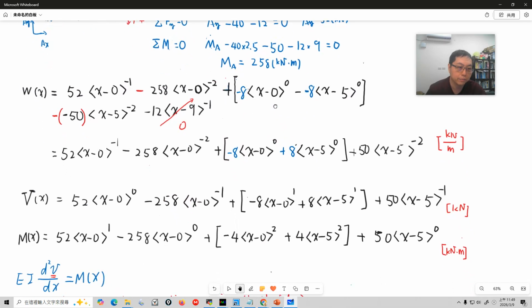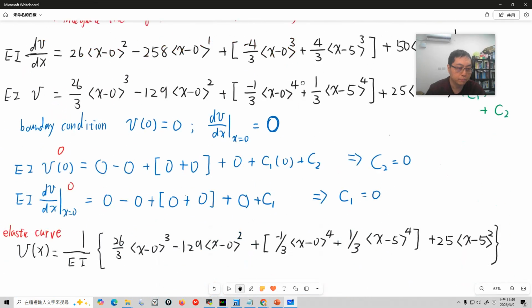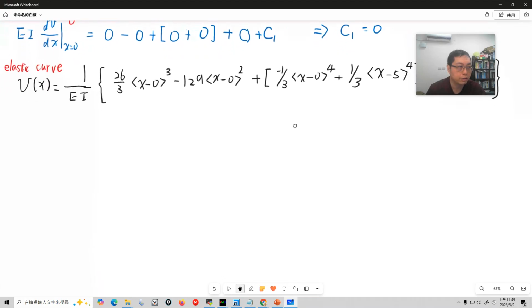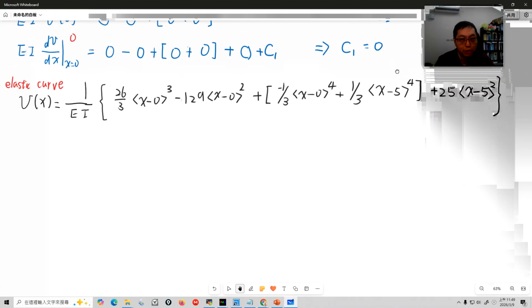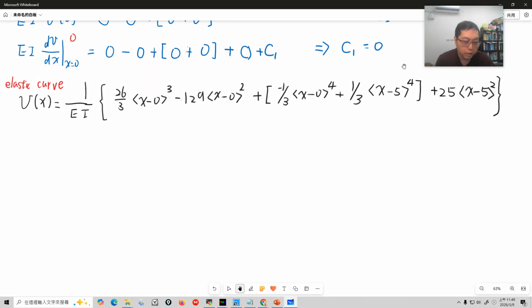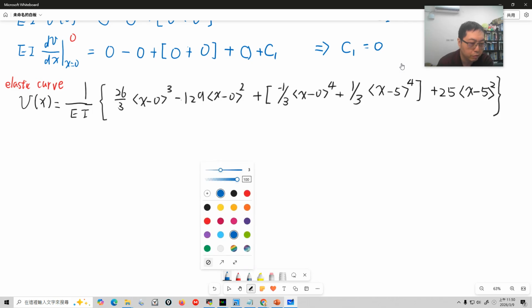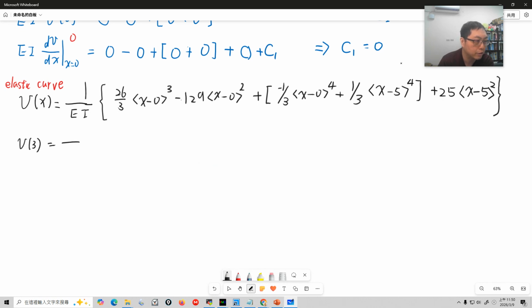For this calculation, I'll show you the importance of units. First of all, what is v at 3? Just plug x equal to 3 into the elastic curve equation.